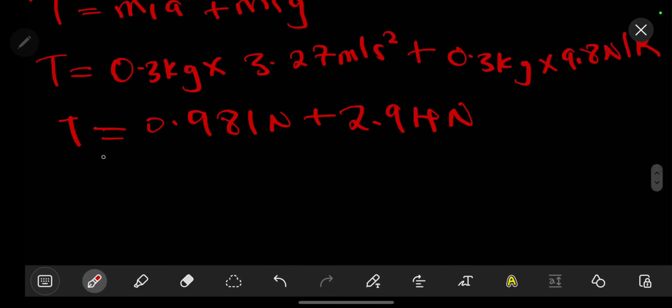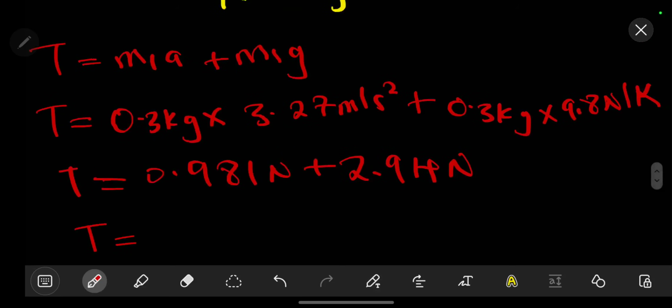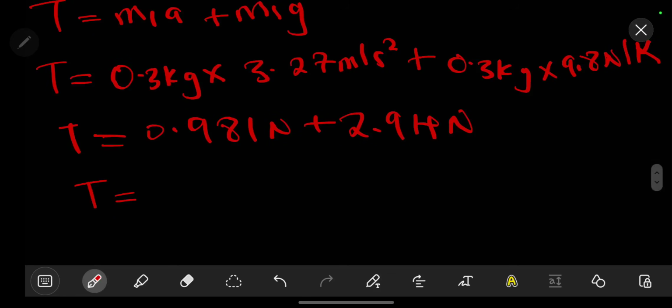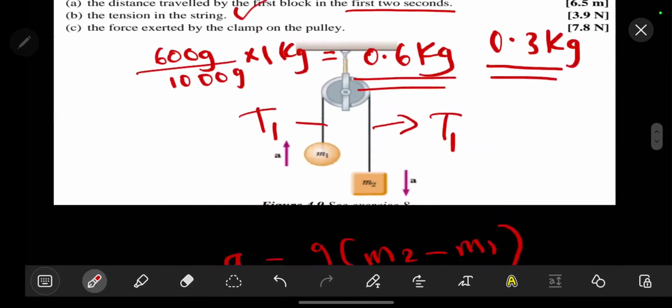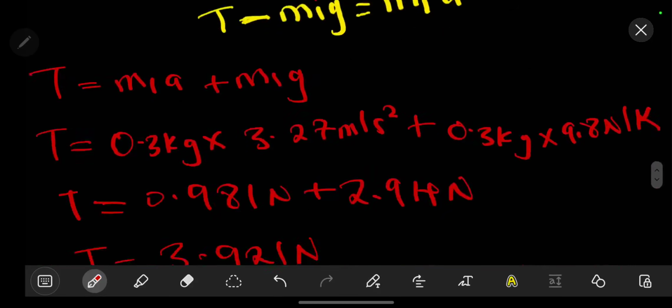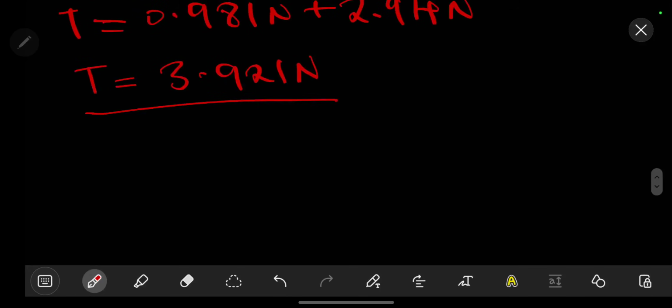Remember, MA is the force, mg is the force, that's why I'm saying newton. So we are going to have 2.94 plus our 0.981, this is going to give us a value of 3.921, like that. So this is our tension. Let's see the expected answer. So we have 3.9 newtons, so that is correct.